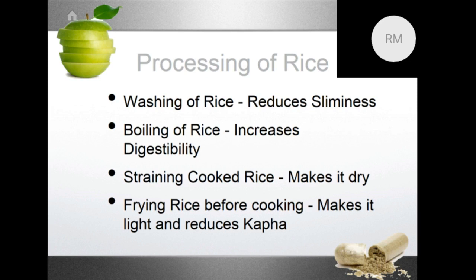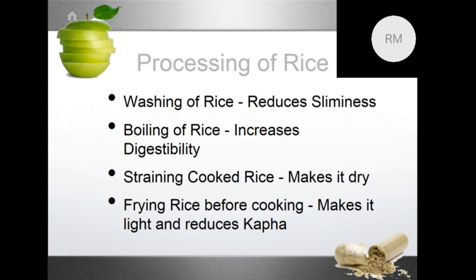Okay, so that is recommended for thick rice paste and for normal cooked rice. So if you want to make rice gruel, then you need to add more water.